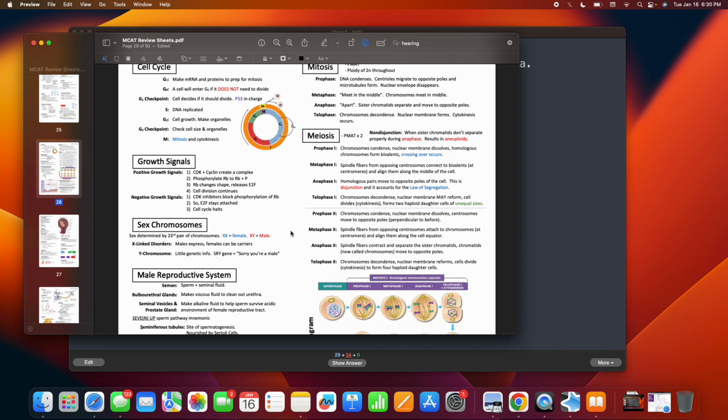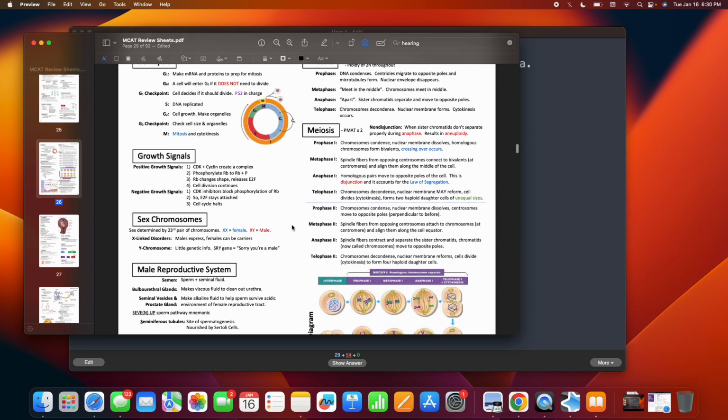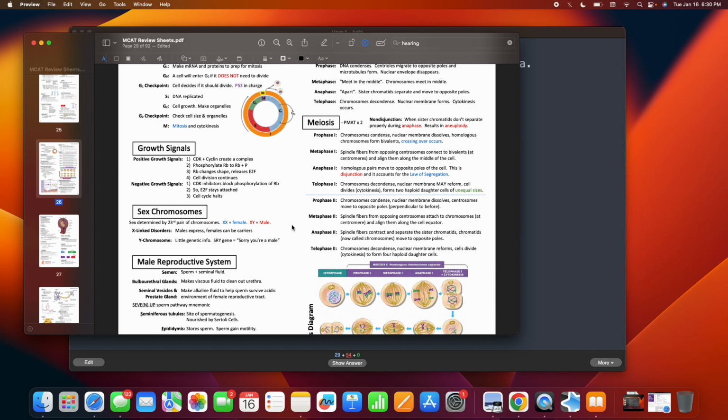Then we go into sex chromosomes. Our sex is determined by the 23rd, which is the last pair of chromosomes, and XX is for females and XY for males. X-linked disorders are expressed in males, and females can be the carriers for them.